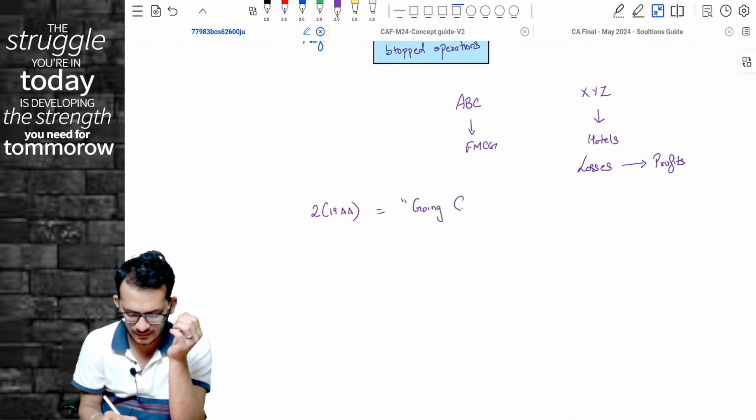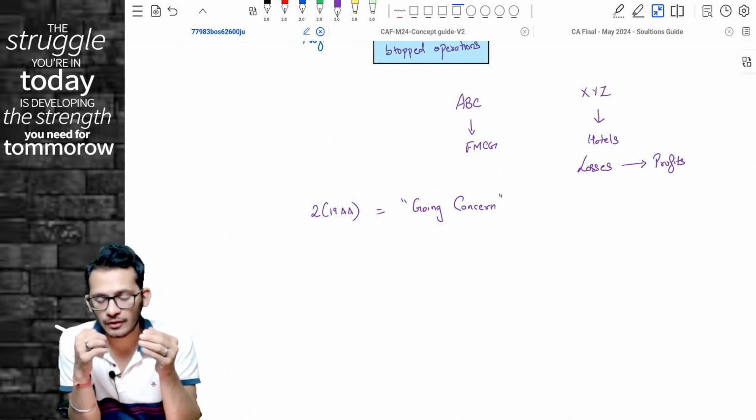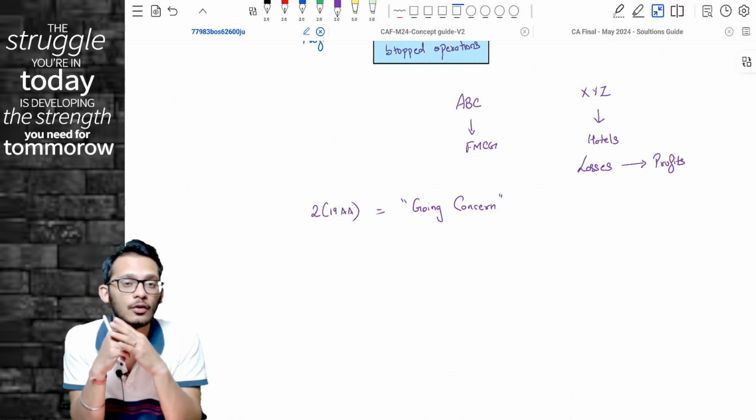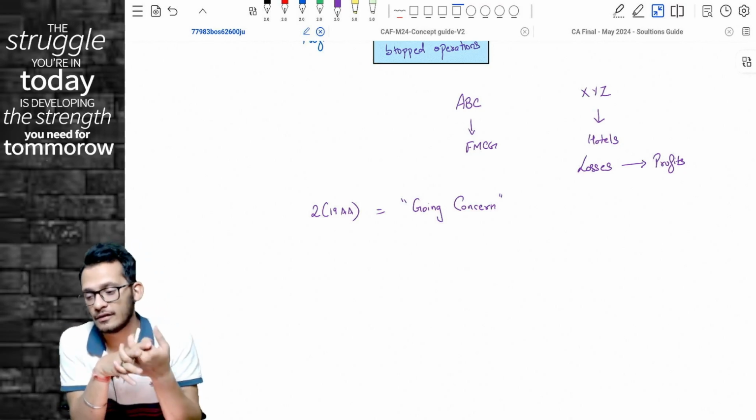So the assessing officer said, Dear XYZ, I will not permit the set off of the losses because the unit which was acquired by you is not on a going concern basis. It's a dysfunctional unit. And therefore the loss is not permitted.